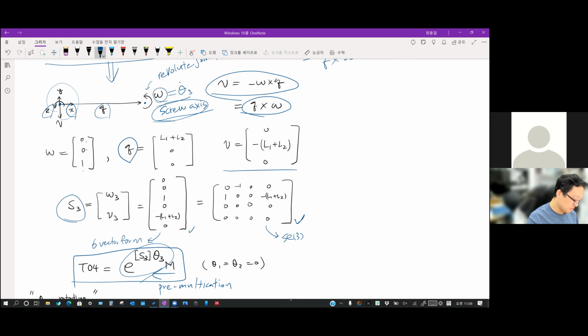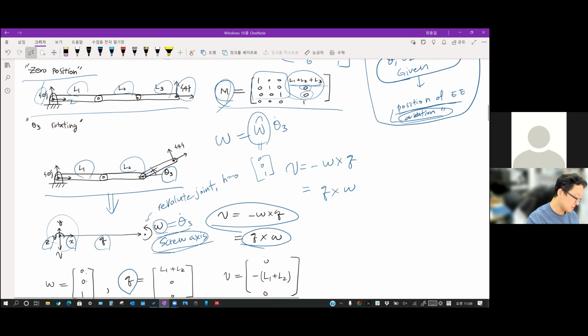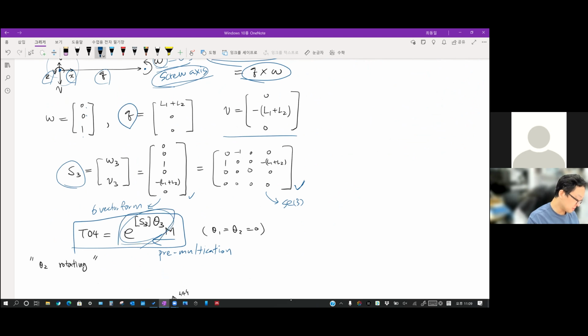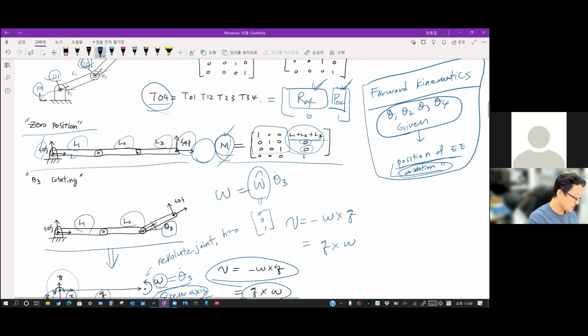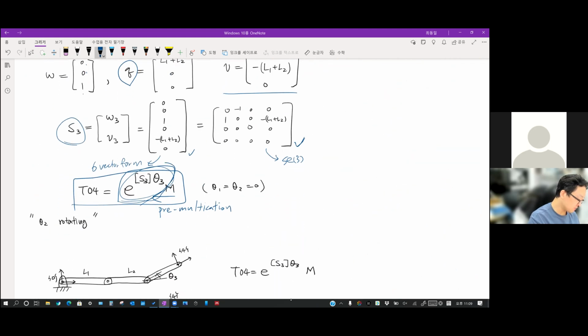So when all the theta equal 0, there was the M homogeneous transformation, and on here we pre-multiply this exponential formula. So we take the product of the exponential formula about theta 3 motion, and this one becomes T, the homogeneous transformation from 0 to 4.